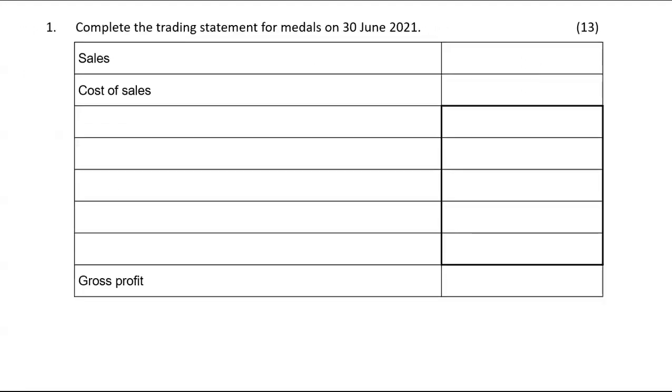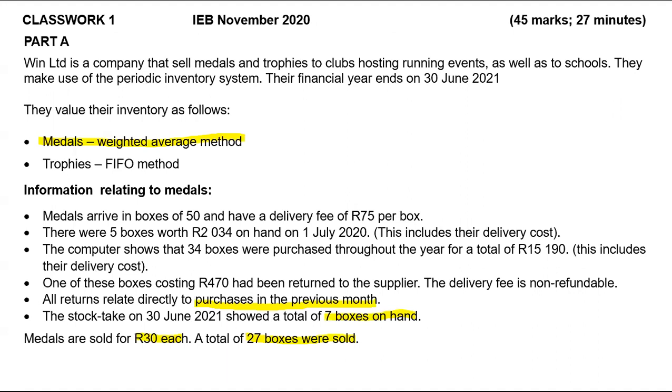To calculate sales, they told you that there were 27 boxes that were sold. They said that medals are sold for 30 Rand each. So each medal is sold for 30 Rand, and a total of 27 boxes were sold. In each box, there are 50 medals, if I'm not mistaken.